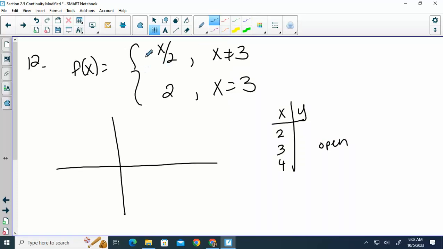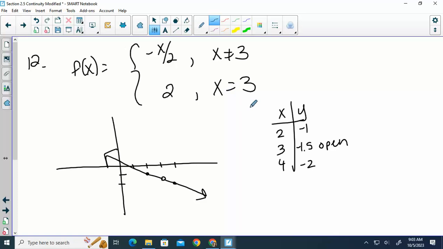So if I put in 2, we get negative 1. 3 gives me negative 1.5. 4 gives me negative 2. You could always put in more points if you needed. So what we have here is a line with an open circle on it.